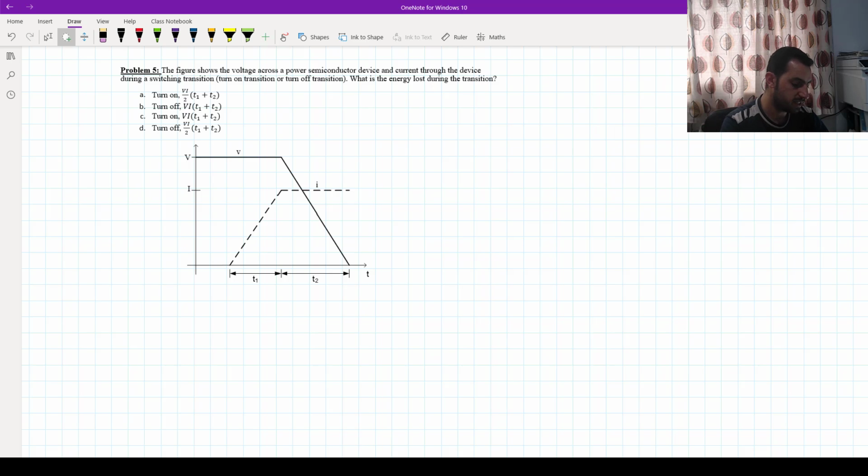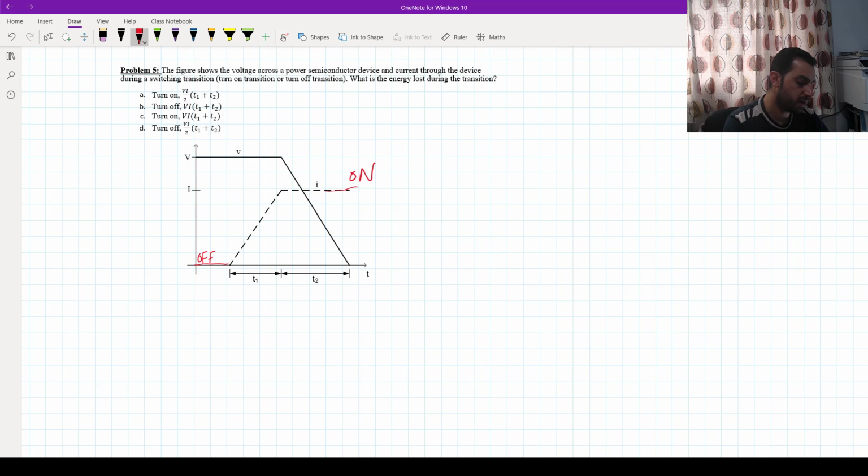It seems that the current was 0 here and jumped to a value. That means it conducts the current. That means it turns on. So we know now the transition is from the off condition to on condition.